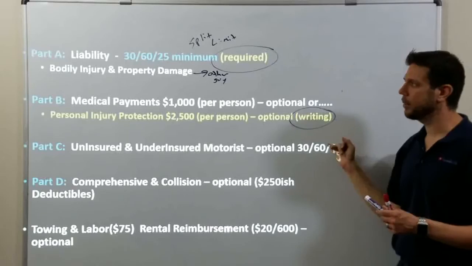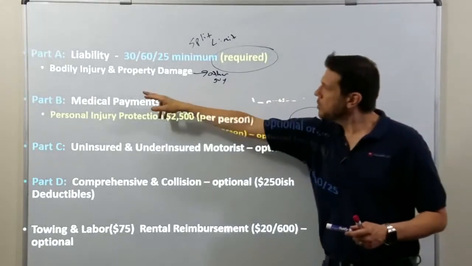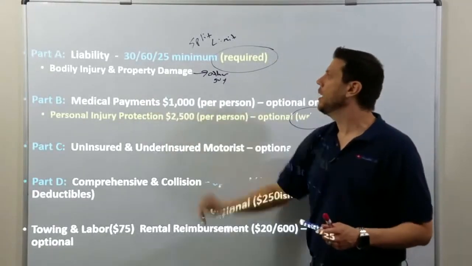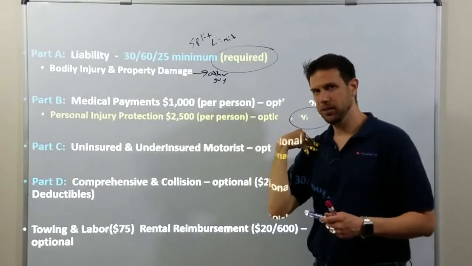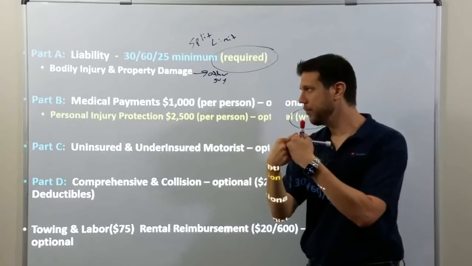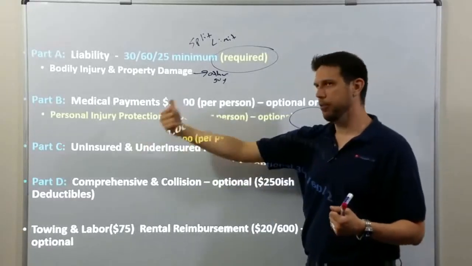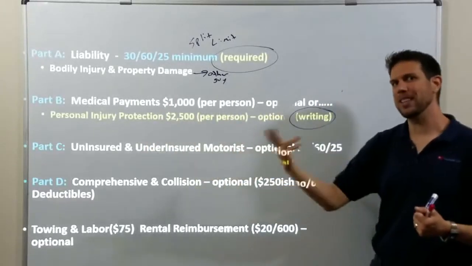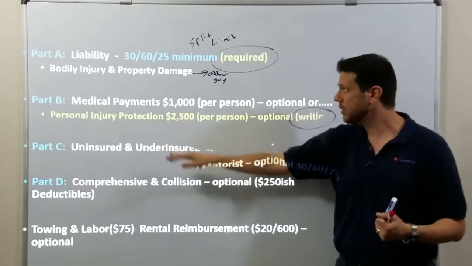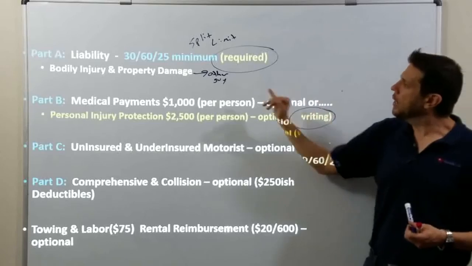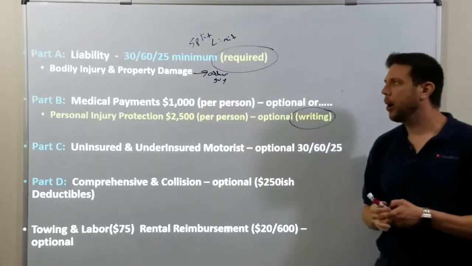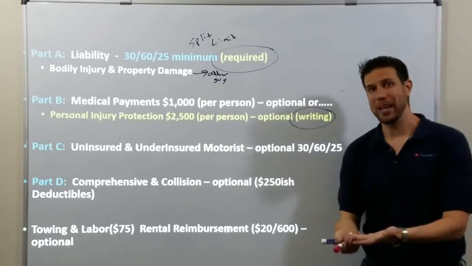The difference between medical payments and PIP is medical payments only covers your medical bills if you get in an accident, whereas PIP will cover the funeral costs, the essential services, the income, and extra things. PIP costs more, and medical payments and PIP pay out on a per person basis.